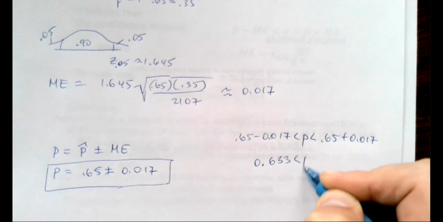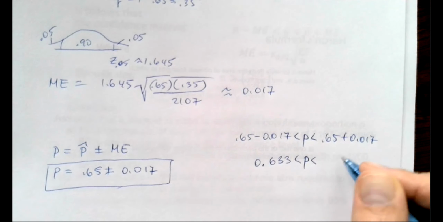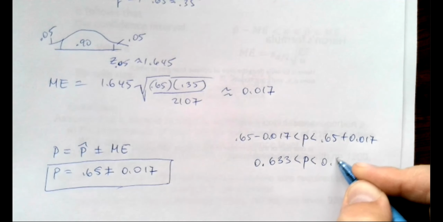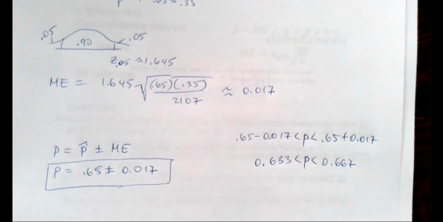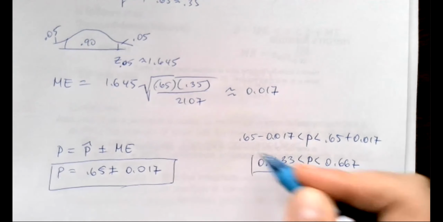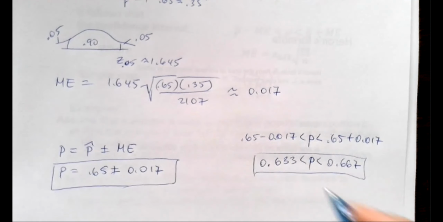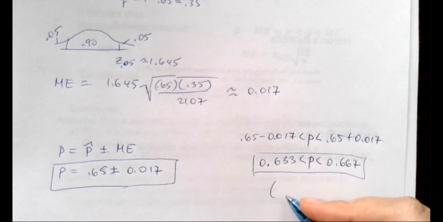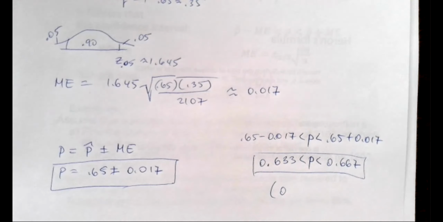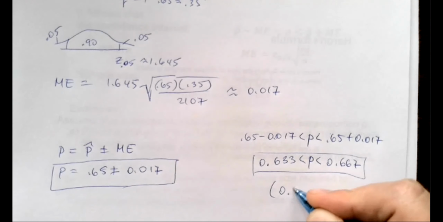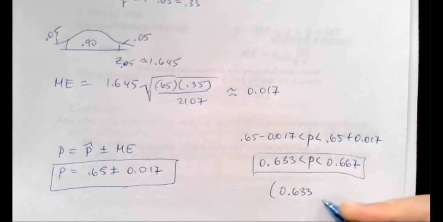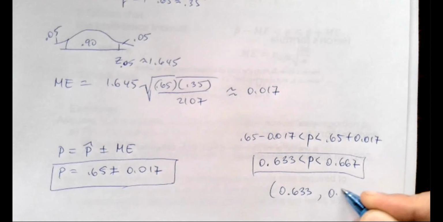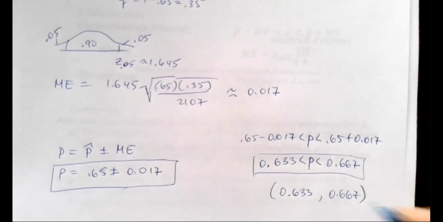which will give me 0.633 on the left side of the interval and 0.667 on the right side of the interval. So this is the second way of writing the interval. And you can also write it using interval notation: 0.633, comma, 0.667.